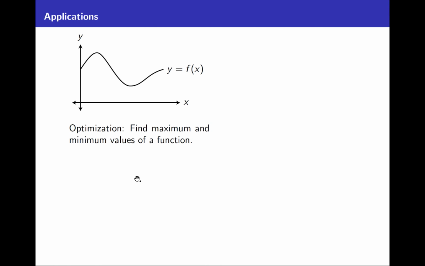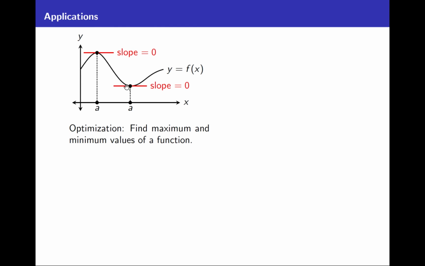One application of calculus is optimization. Given a function f of x, find its maximum and minimum values. The maximum value here would occur at some number a, where notice the slope is equal to 0. And also the minimum value occurs where the slope is equal to 0.